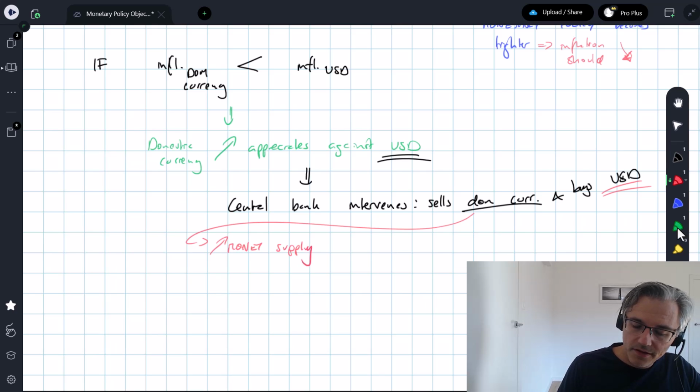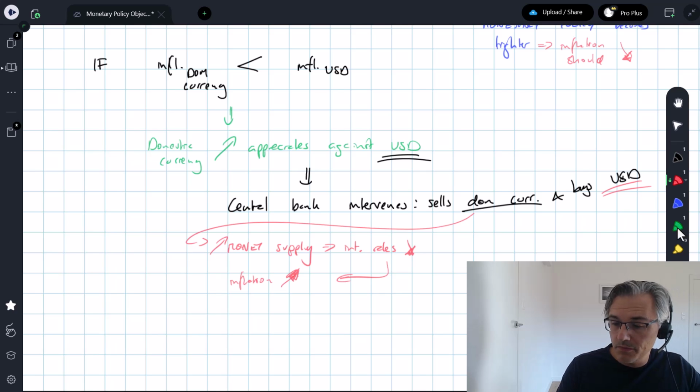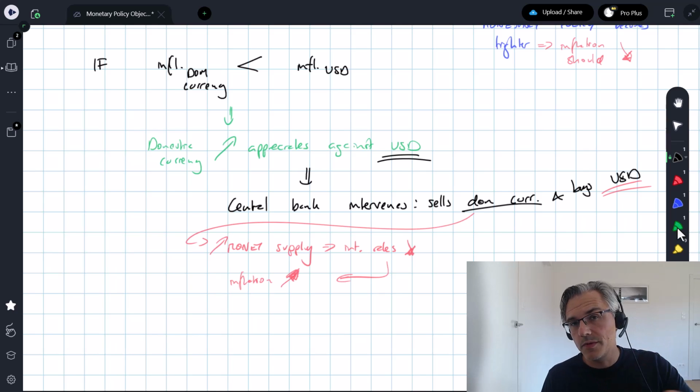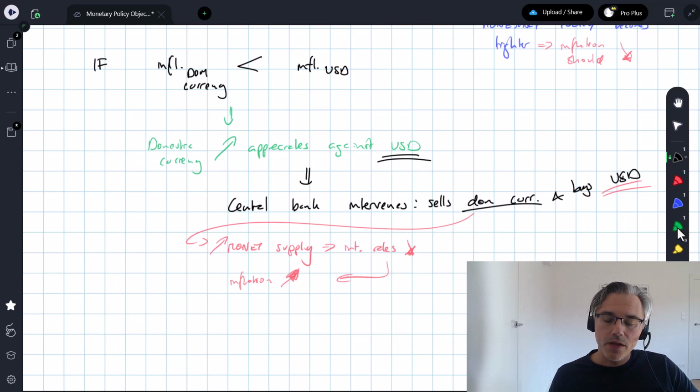Increasing money supply leads to a lower rate of interest. Interest rates go down, and typically by that means you stoke a bit of inflation, right? Because monetary policy becomes cheaper, looser, things become cheaper, so that's a sign of so-called expansionary policy.